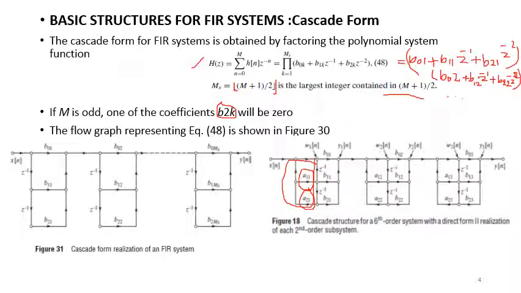Okay, so again if you look at this one, because these are FIRs, we don't have the poles, so if you understand the previous one, that will be quite straightforward to grasp the idea for this one. So I hope that's also quite straightforward, because it's similar to what we have done for the cascade form of the IIR system, but it is simpler in the sense that we don't have poles, so we have this diagram.